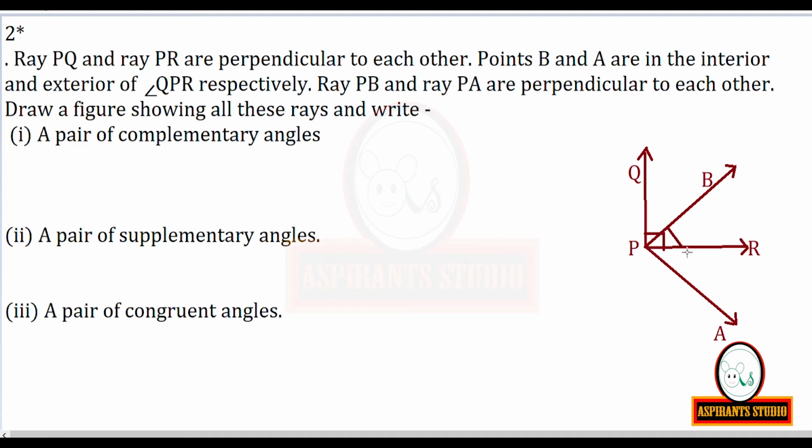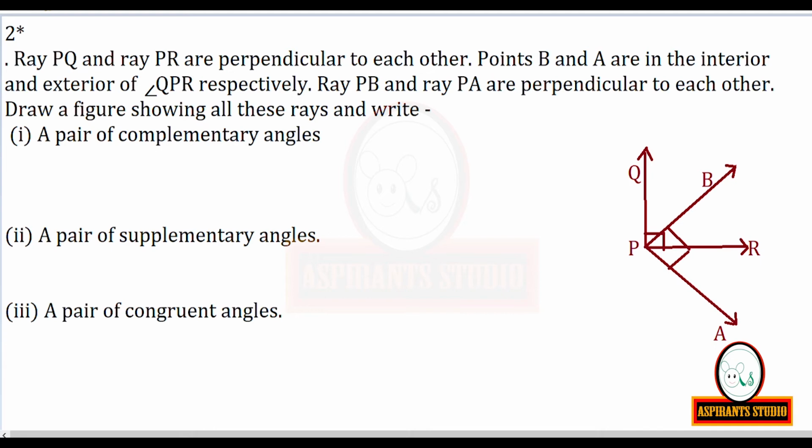See how to show measure of angle BPA on the figure. You have to draw like this, the right angle. Can you see two right angles there? One is measure of angle QPR and the other one is measure of angle BPA.